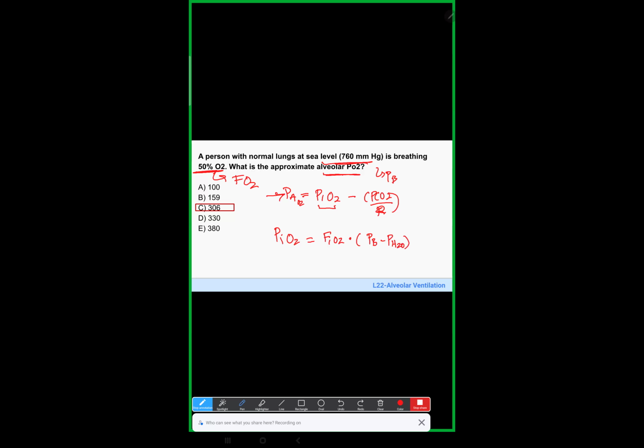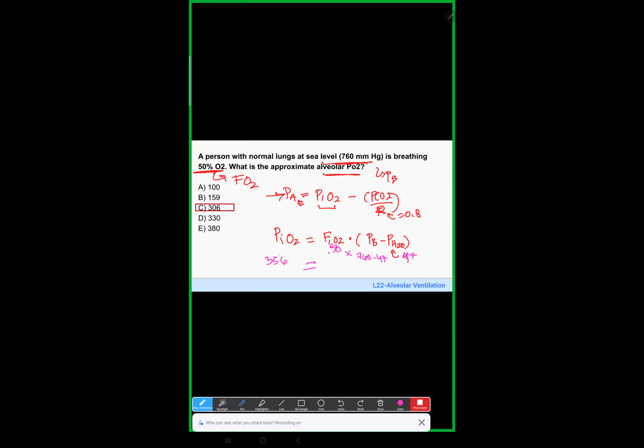Now, there are some values that you have to remember: R equals 0.8, and H2O is equal to 47. After that, we just plug in the numbers. In this equation first, we plug in 50% or 0.5 times 760 minus 47, and what we get for inspired PO2 is 356.